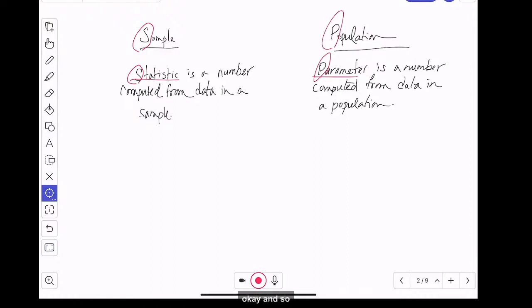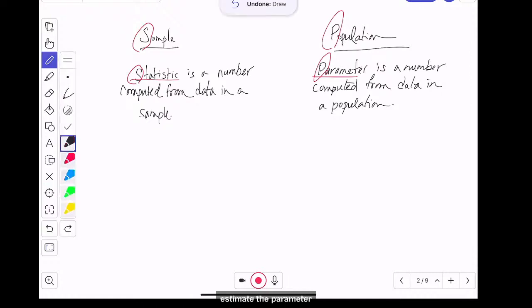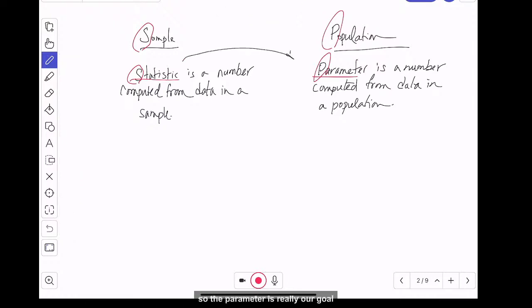And so that's how the word statistic is used. The statistic is meant to estimate the parameter. So the parameter is really our goal. How many of you knew that?